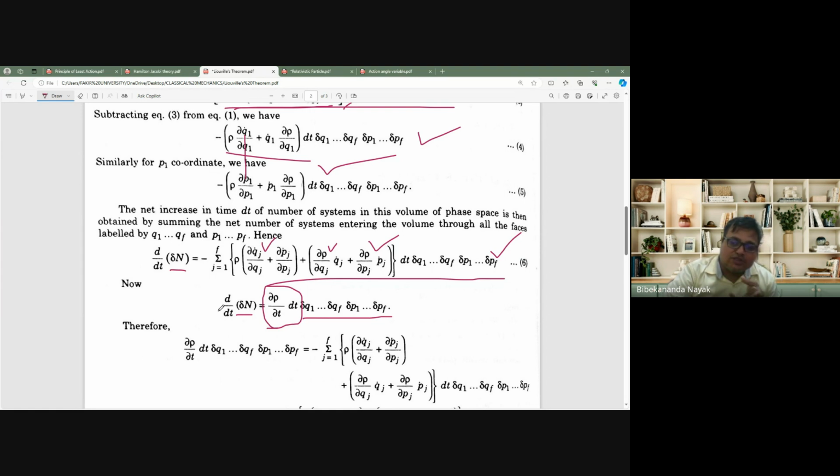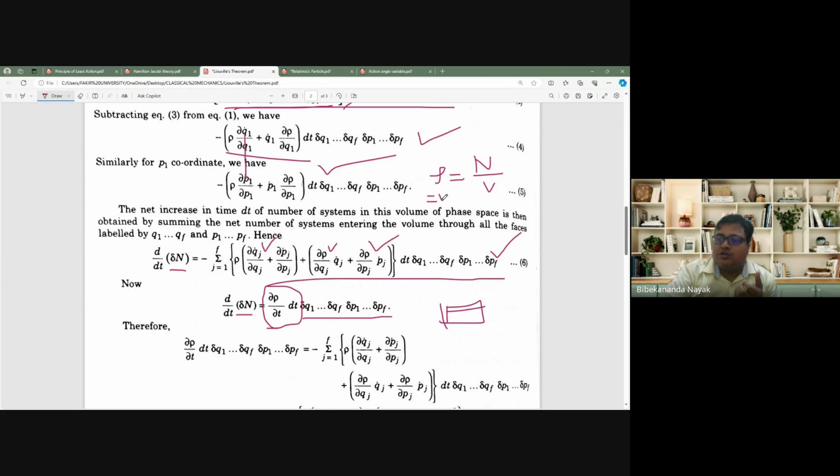Whatever number of phase points changes gives you the phase density, because density is what? Rho is number density, meaning number per unit volume, in a particular phase space. So the number n is how much?